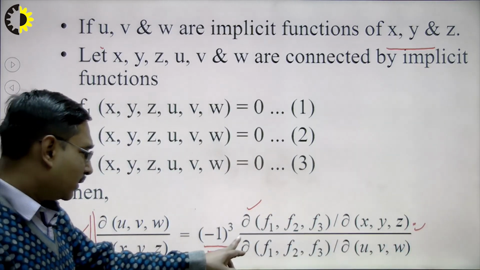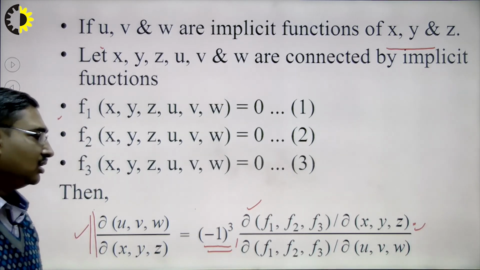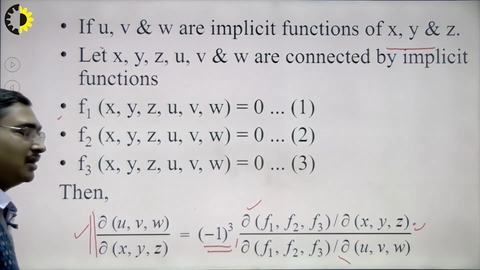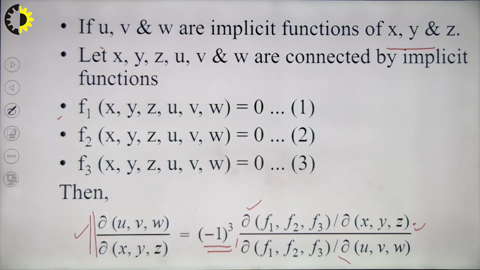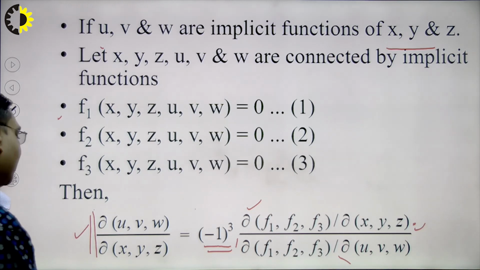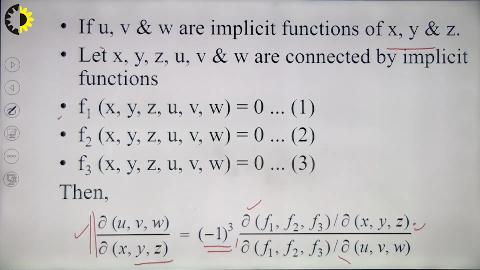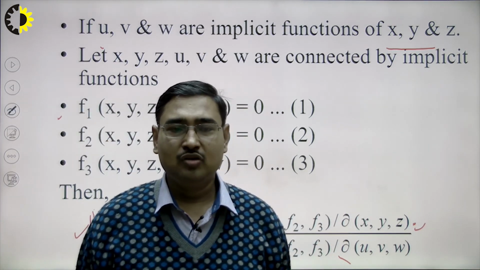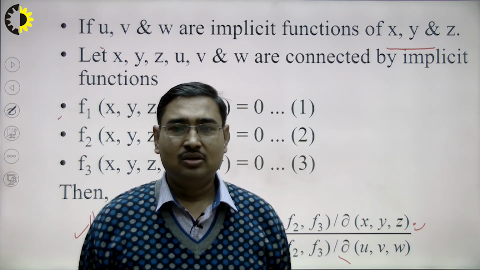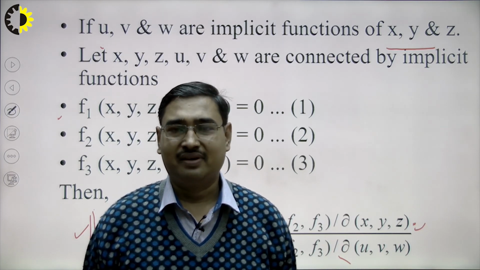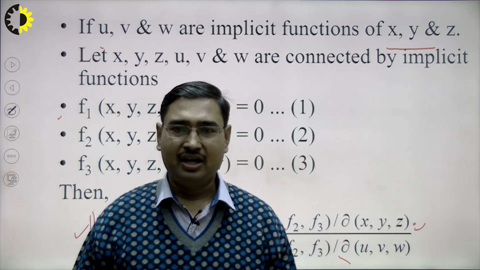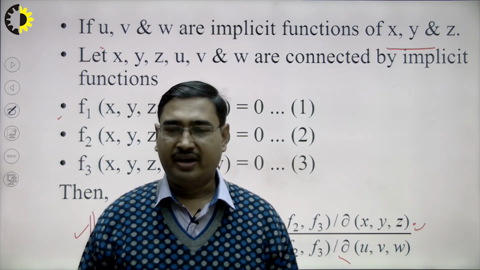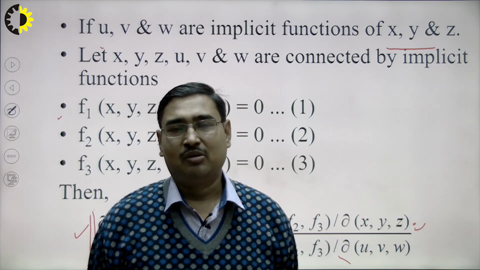Then calculate the Jacobian del(f1, f2, f3) over del(u, v, w) and multiply the result by minus 1 raised to the power 3 because it is a 3 by 3 Jacobian, and simplification will give the value of this Jacobian. This is a very powerful and useful property, because there is no restriction on the form of u, v, w and x, y, z. If we are able to find a relation among u, v, w and x, y, z, then directly we shall be able to find the Jacobian with the help of this property.